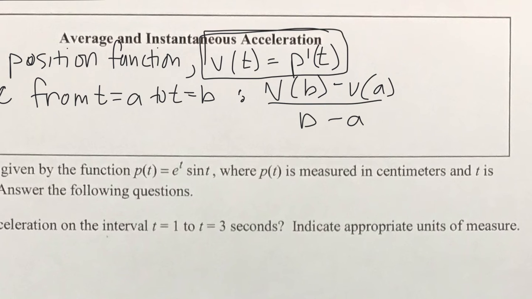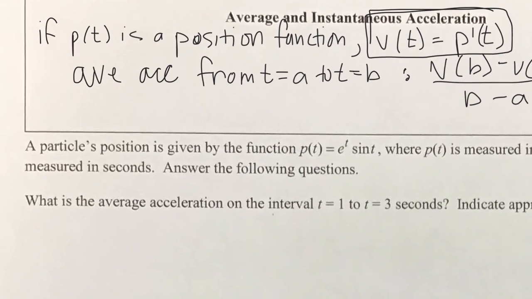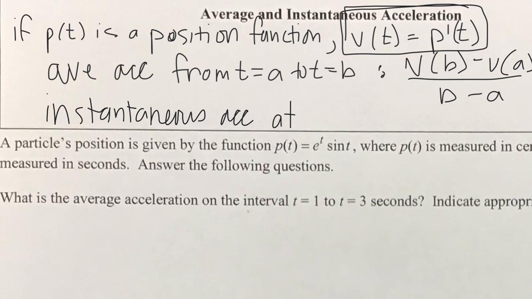So acceleration is going to be the second derivative of position, or the derivative of velocity. So average acceleration depends on your velocity, but instantaneous acceleration at a specific time t is given to you by the derivative of your velocity function.